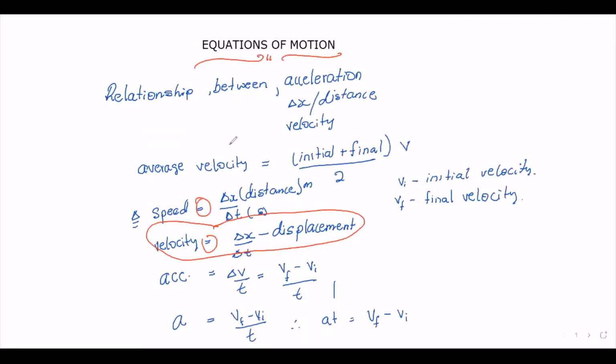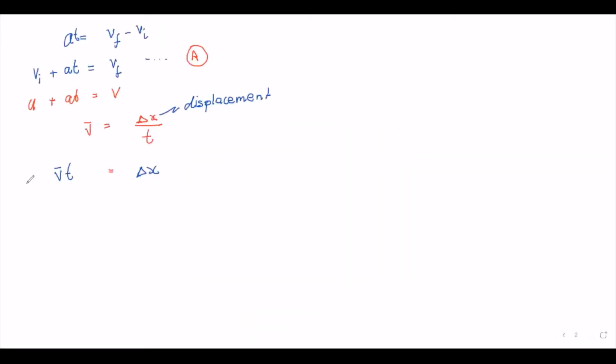Now, don't forget that we had this equation here for an average velocity. That's for an average velocity. And we agree that average is initial plus final, divided by 2, times T, is equal to the change in displacement there.